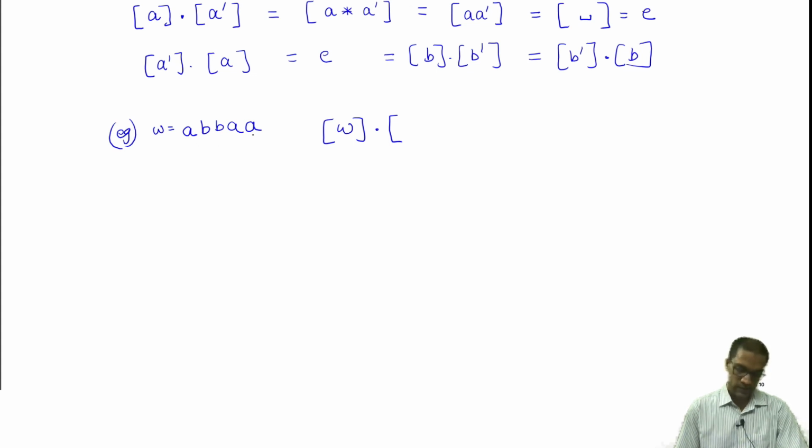I claim here's a simple prescription. You just look at this string of letters and read them in reverse. And when you read them in reverse, you change all the A's to A primes and B's to B primes.